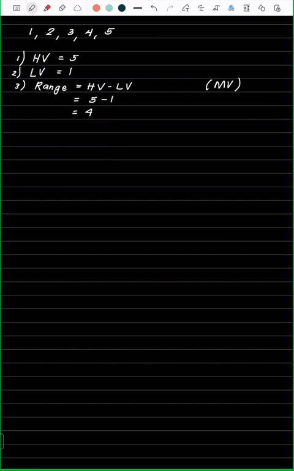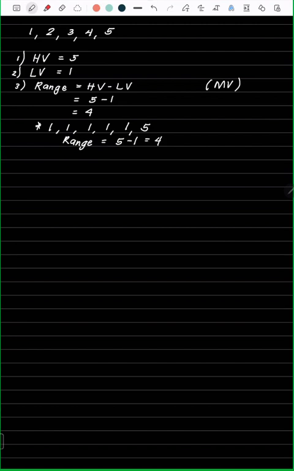But if you observe, the range among the measures of variation is the weakest, because in using the range formula, you're just considering the highest and the lowest. What do I mean? Let us say I have these values. Isn't it that the range for these values would still be equivalent to 4?